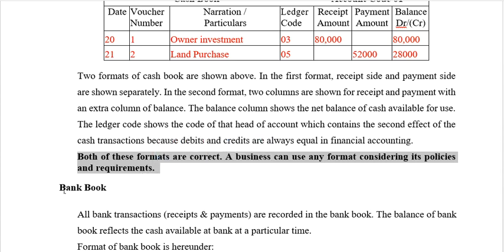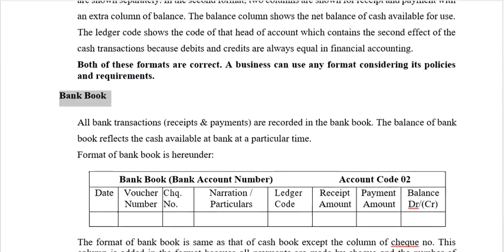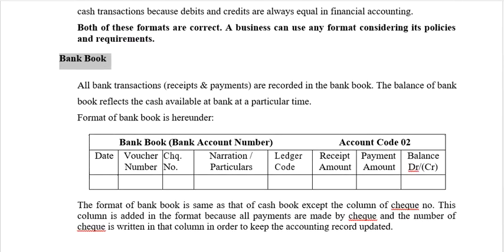Now let's talk about the bank book. The bank book is simple, and we can use both types of ledger formats for it. The only difference we find is the check number. Everything else is the same: date, voucher number, narration, ledger code, receipts, payments, and debit and credit balances.